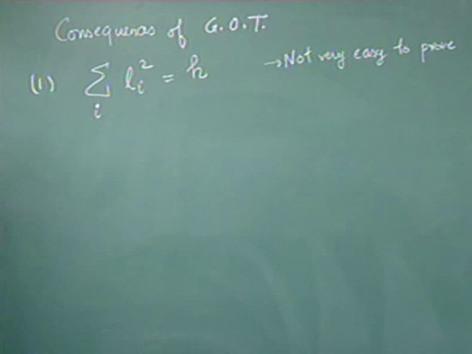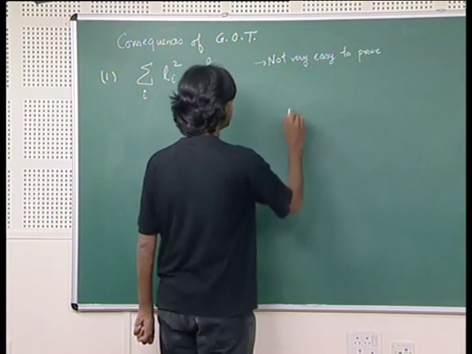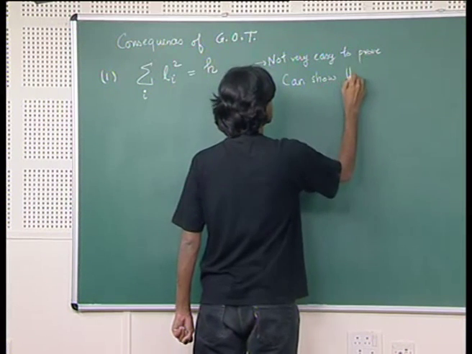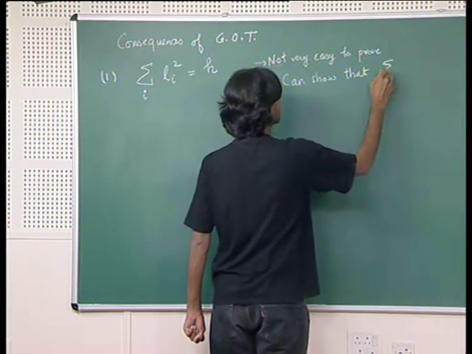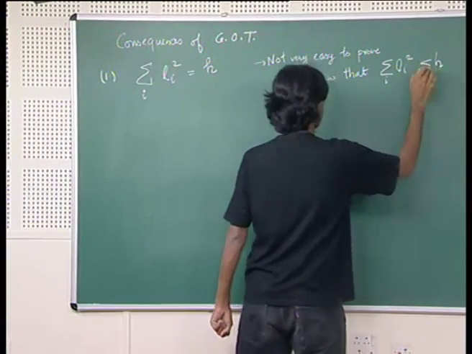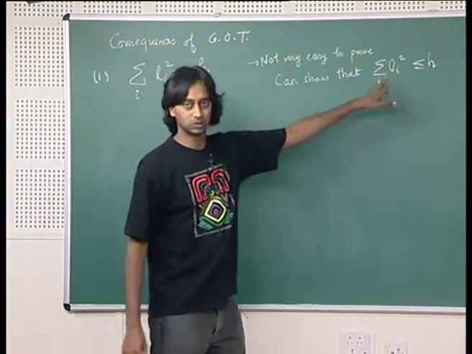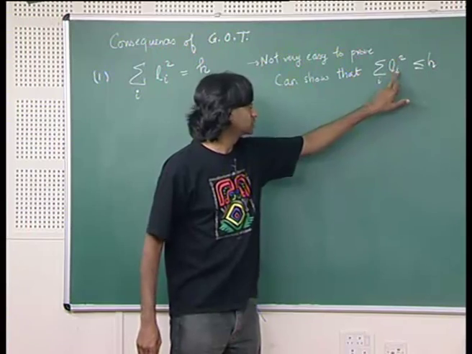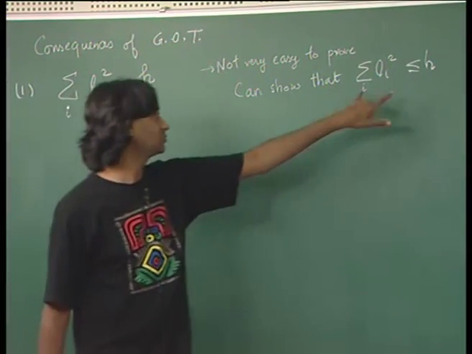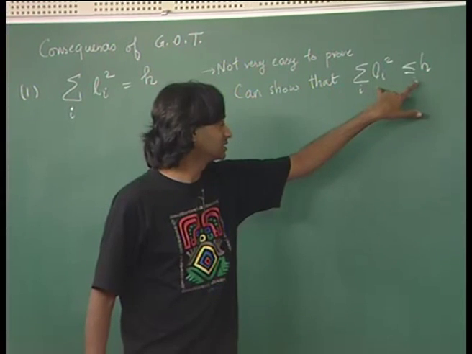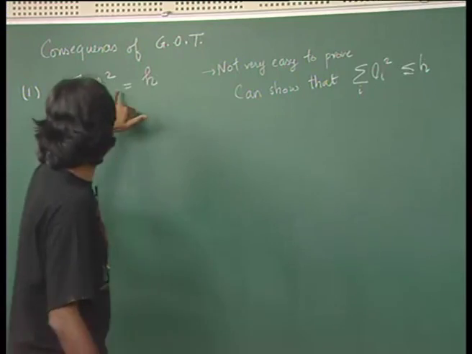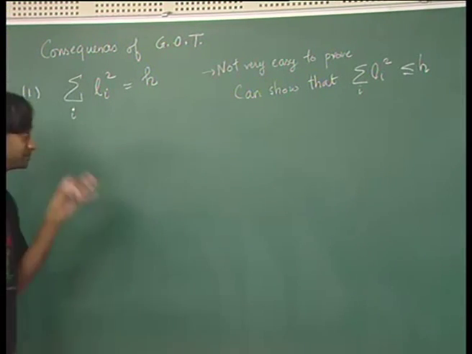However, you can easily show that this is relatively easier to show, but to show this is slightly more difficult. Actually this follows in quite a straightforward way, but to go from here to this relation is not as straightforward.